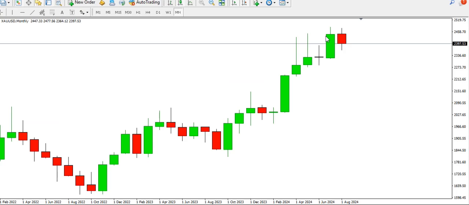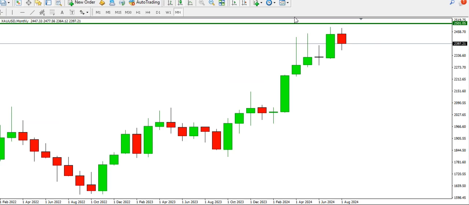But this particular month, we can see that price has dropped way below the average or the middle of the previous month's candle, and price is attempting to go back up. If price closes at the opening area of this particular month's candle, we might see price continue its journey upwards, and price might attempt to test the 2500 level or area.